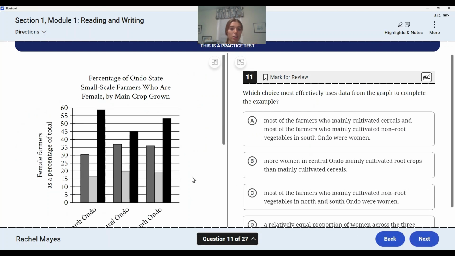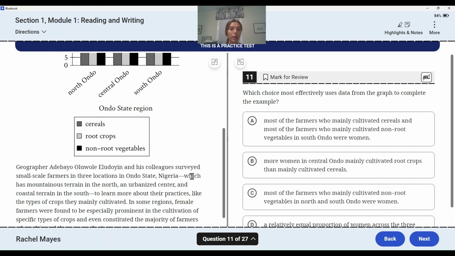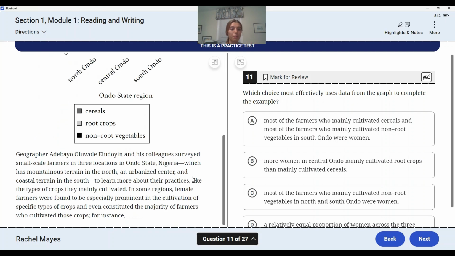So in this section, you definitely want to read the prompt before you look at what's on the other side of the page, at the answers. So, geographer Adebayo Uluwole Iludokian, if anybody knows how to pronounce that, please put that in the comments below.